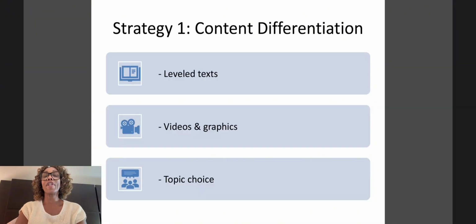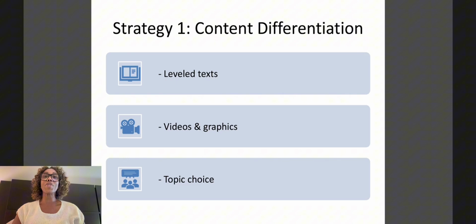Now that we've defined differentiation, let's talk about two types of differentiation. First one being content differentiation. Content differentiation focuses on what students learn, so all students can access the materials without lowering expectations.